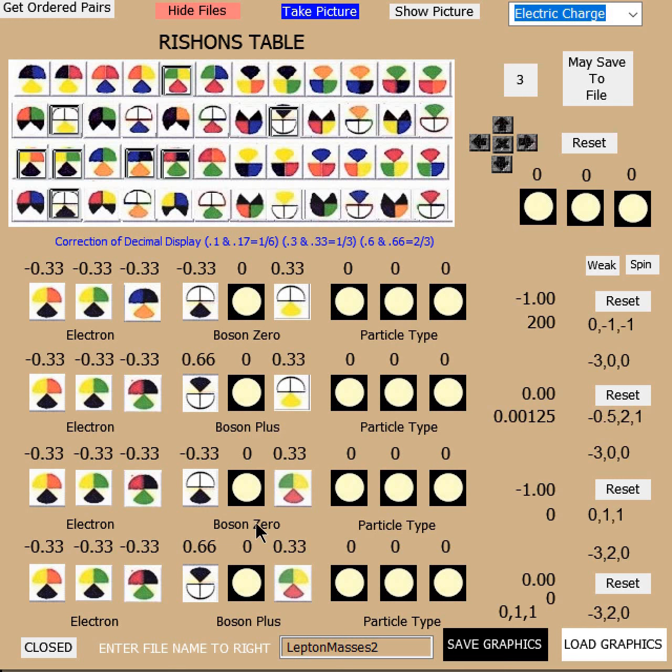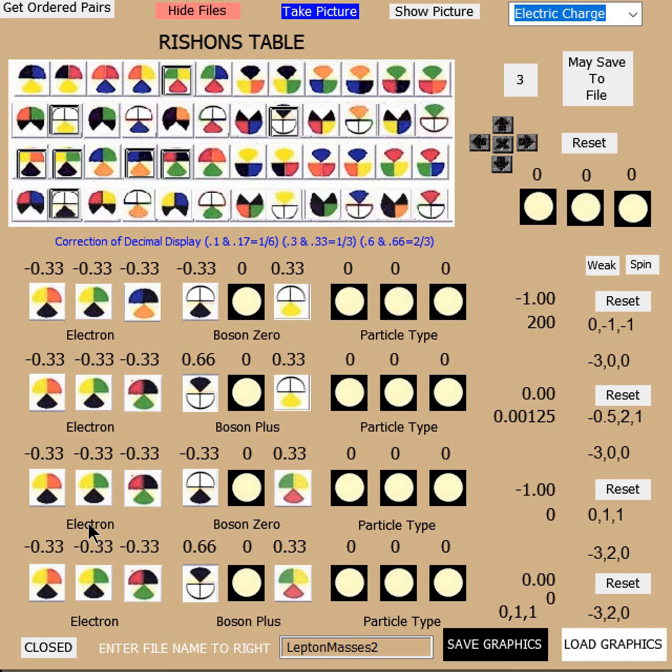Now, in this particular case, if we look over here, we'll see that we now have on the scalar boson a compositional value of 2. And so we have a minus times a positive, which means we should have a decrease in the mass given by the mass factor on the scalar boson.